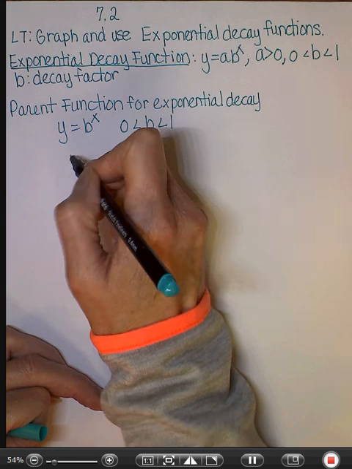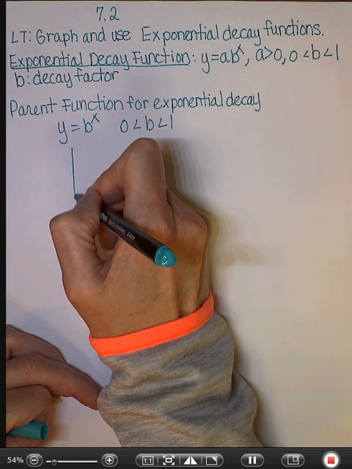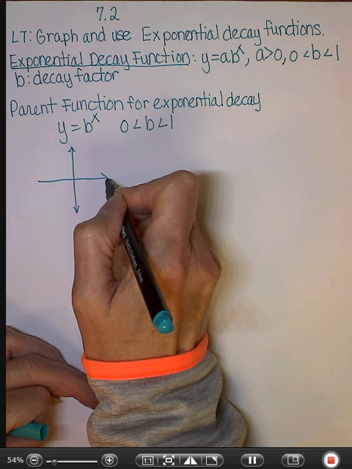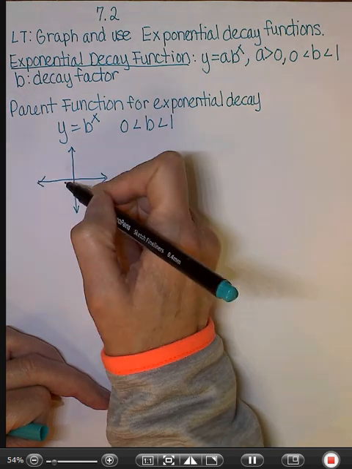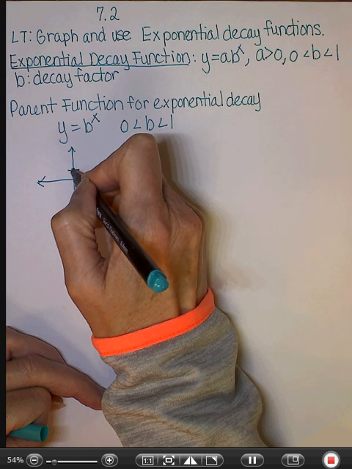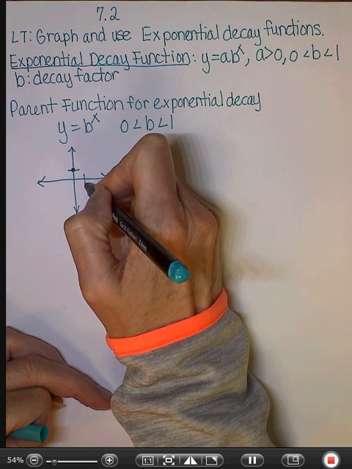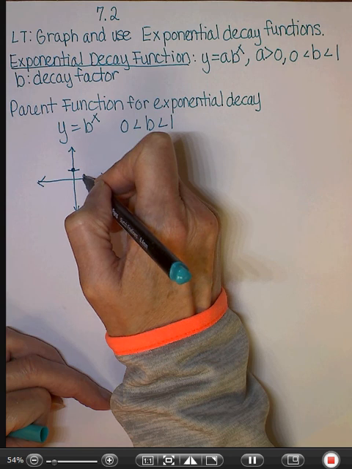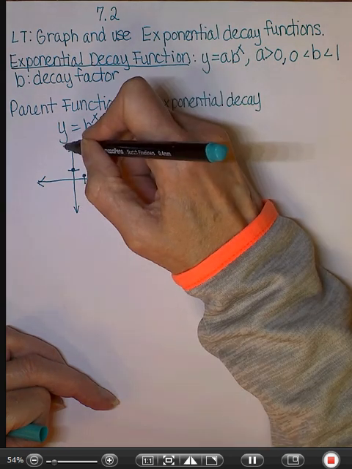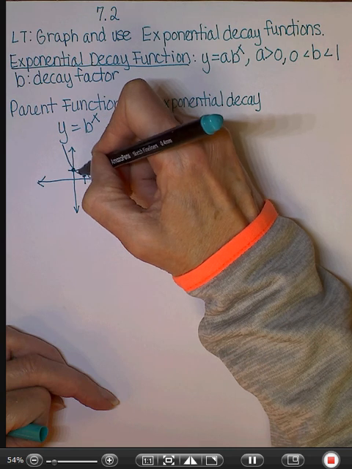And remember, this is a very basic graph because we don't know what the value of b is right now. We just want to get the idea of the shape of it. It'll pass through (0, 1) and it'll pass through (1, b), and it's going to look like the mirror image of the growth model.